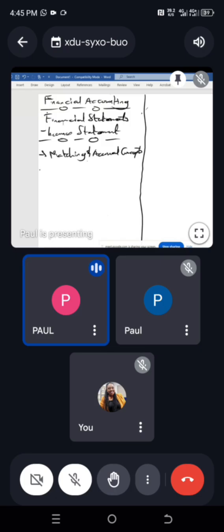So matching and accrual, think of the prudence concept, the going concern, and the dual concept.